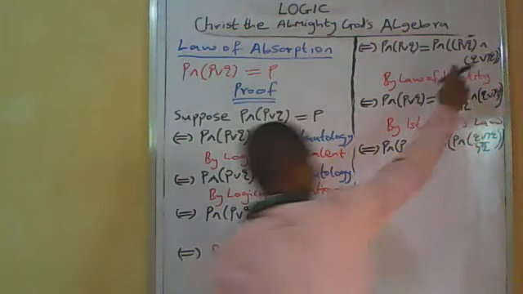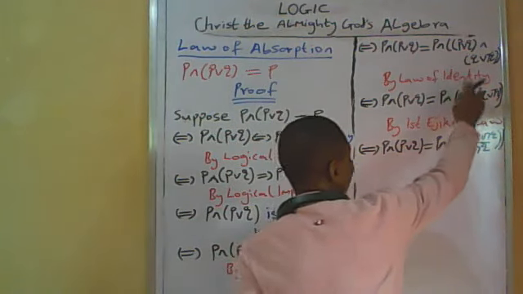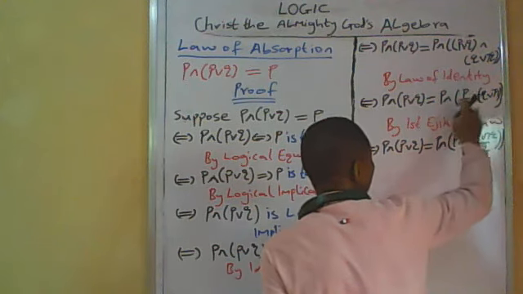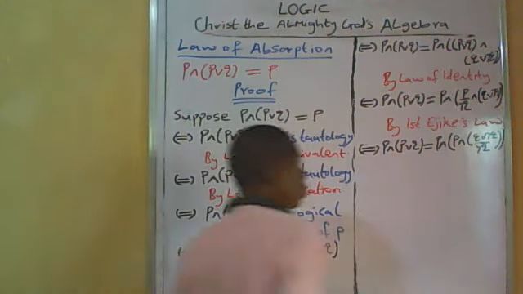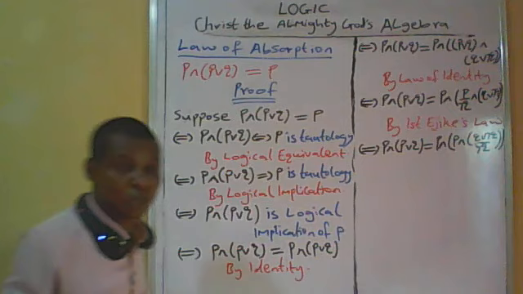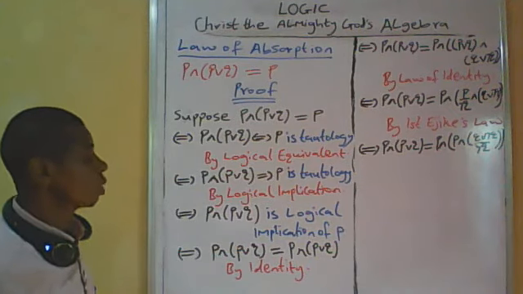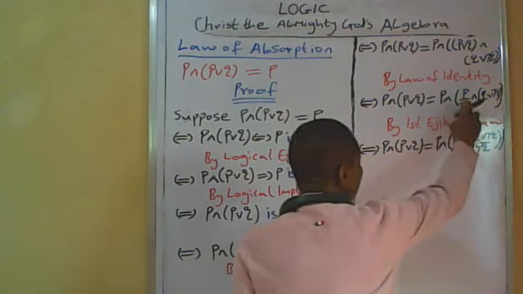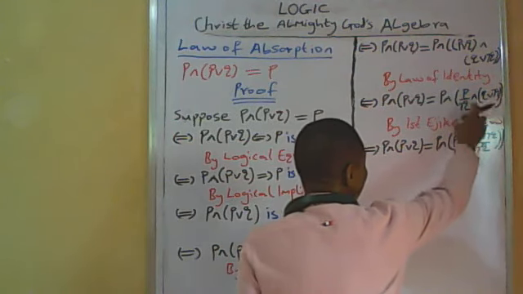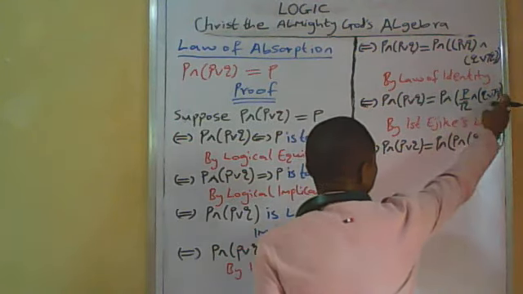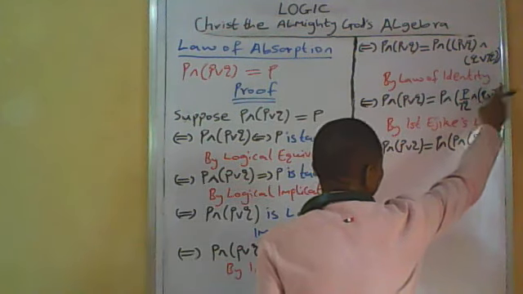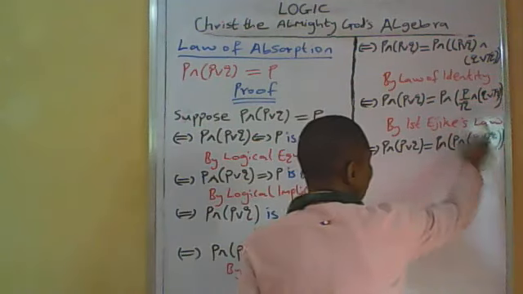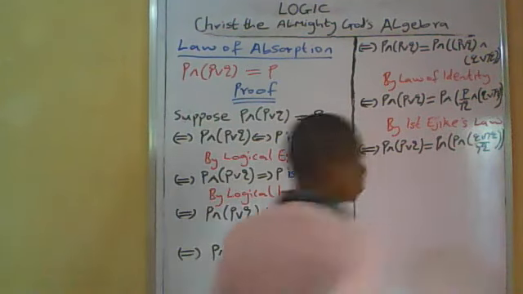So that is equivalent: not Q implies P. So what we did is distribute this not Q to the second conjunct, Q or not Q. That's what he did here.